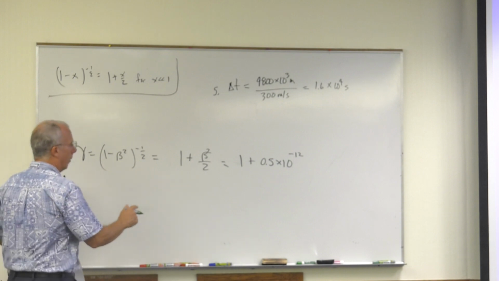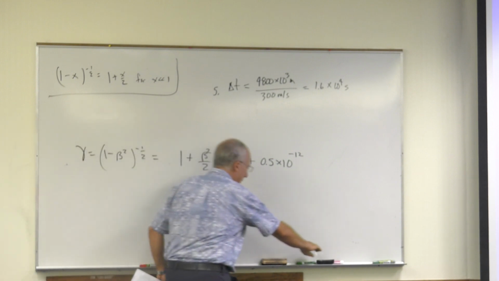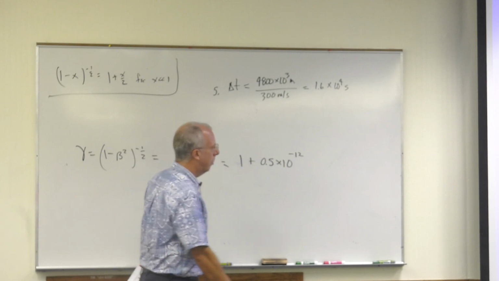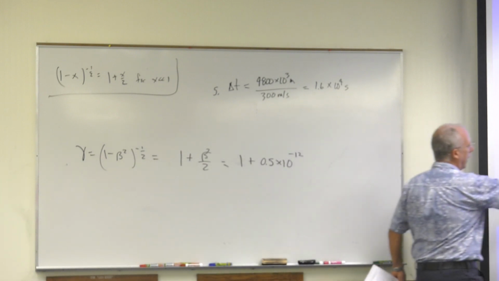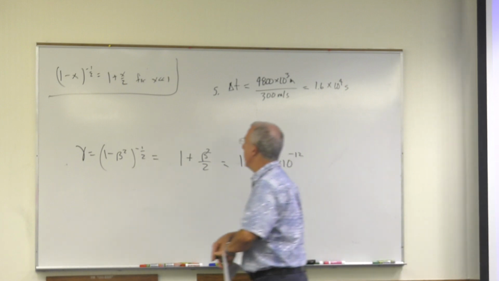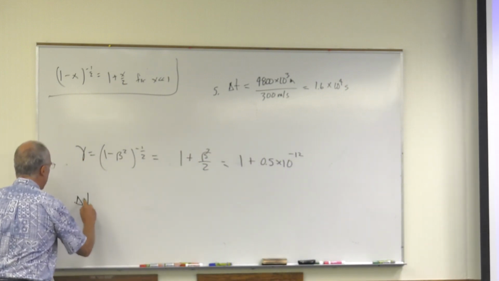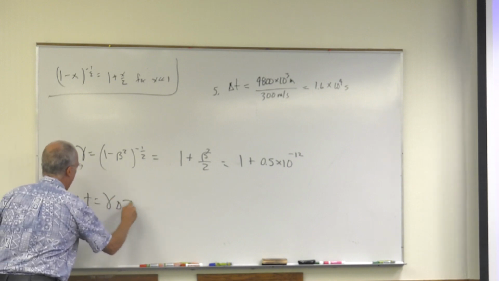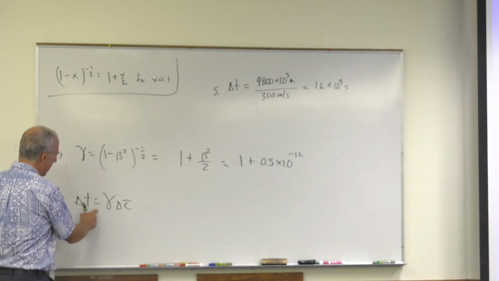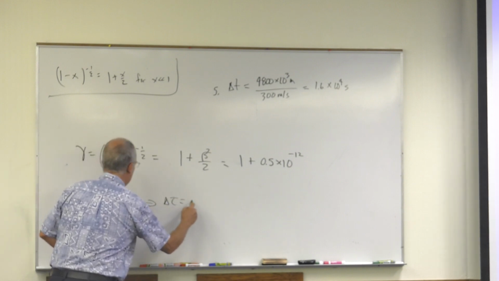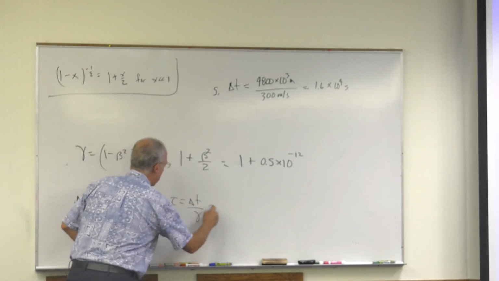So then what we want to do is find our proper time, right? So we calculated gamma. Now we want to calculate proper time. Okay, so remember, here's the equation. Delta t equals gamma delta tau, right? Dilated time equals gamma times proper time. So proper time equals dilated time divided by gamma.